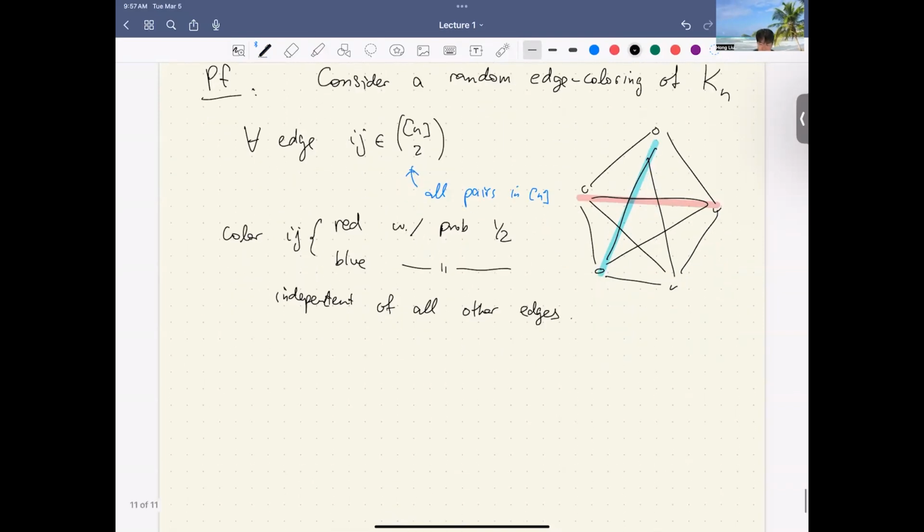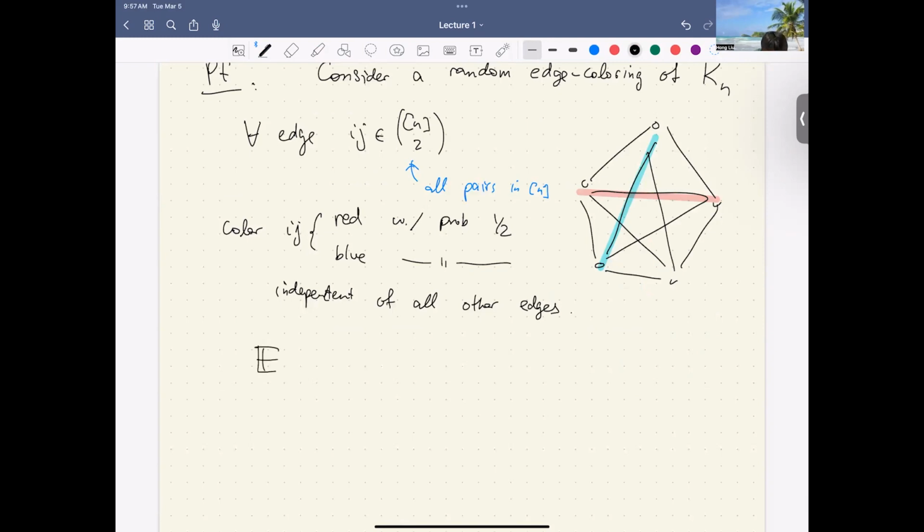Let's estimate the expected number of red or blue cliques of order k, the number of monochromatic K_k.